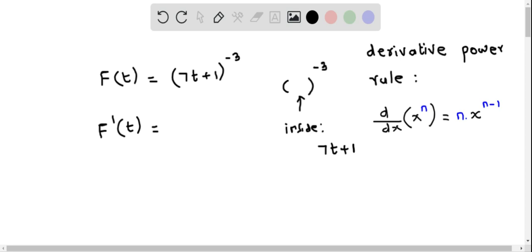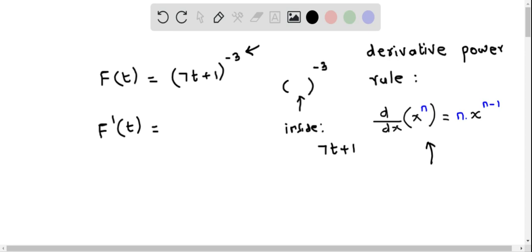As we know that the outside function is an exponent function, we can use the power rule, which says that the derivative of x raised to the power of n equals n times x raised to the power of n minus 1. So here n equals negative 3.